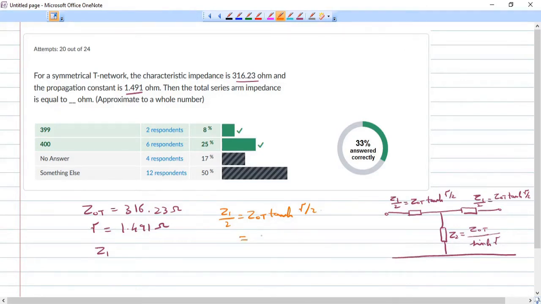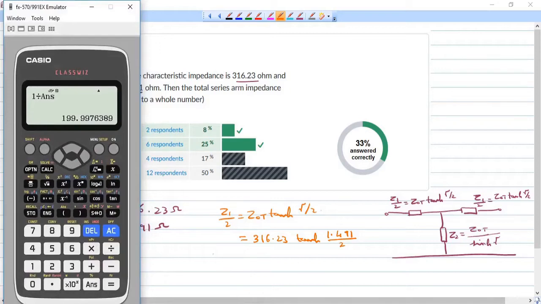So that should be equal to 316.23 tanh 1.491 upon 2.